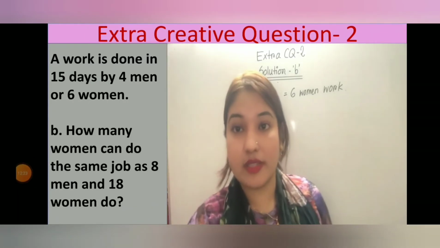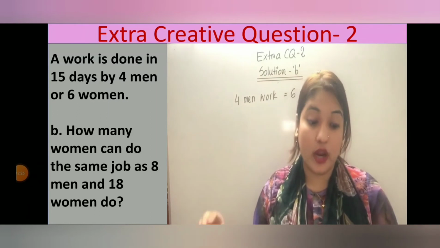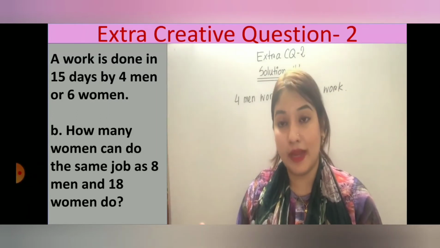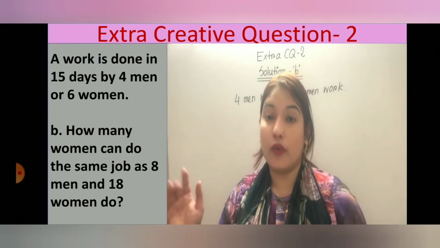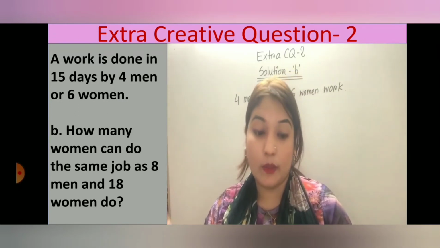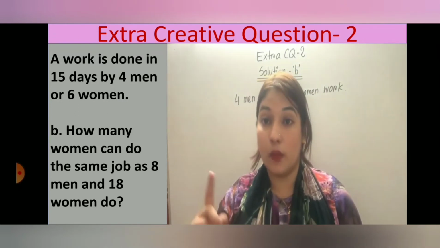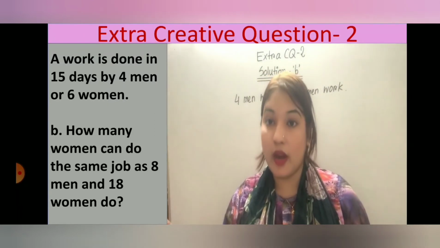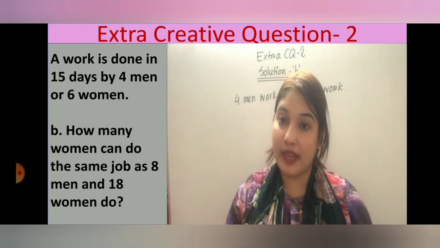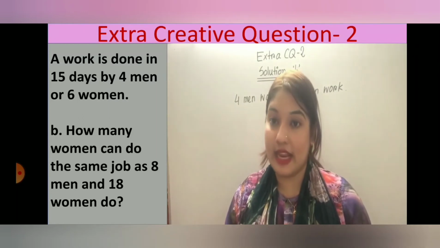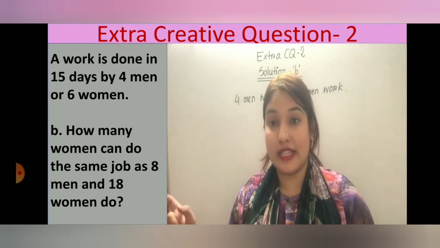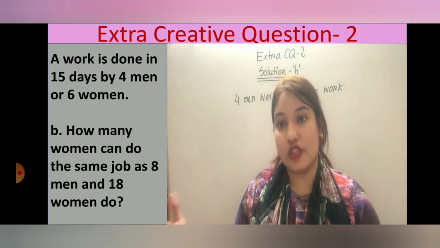My dear students, in B they ask how many women can do the same job as 8 men and 18 women do. For this, from this STEM, we get that 4 men's work is equal to 6 women's work. So from there, we will convert 8 men into women, and then we will find the total value of 8 men and 18 women, converting it into women.